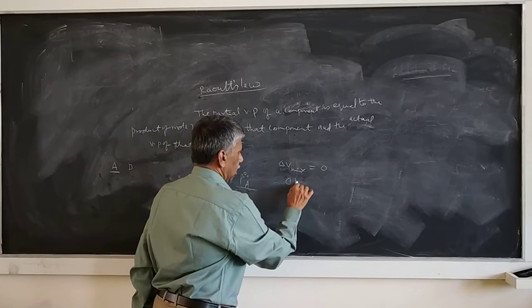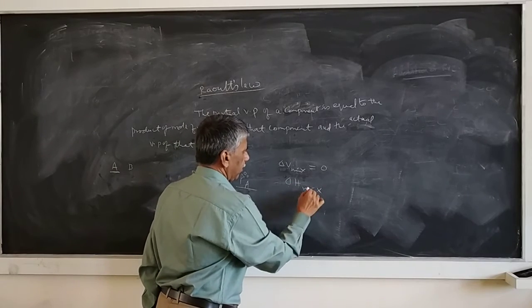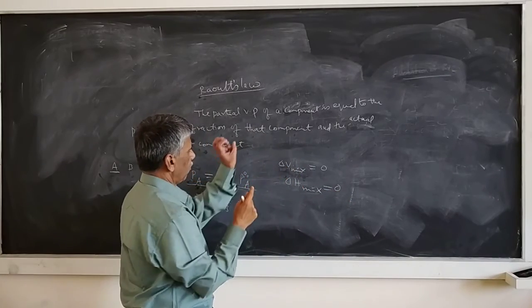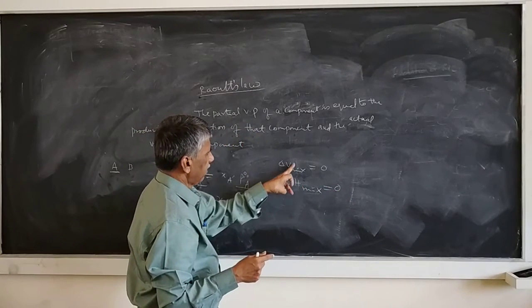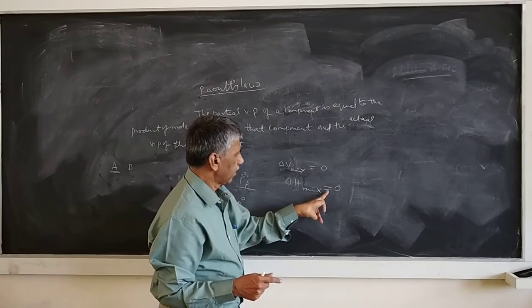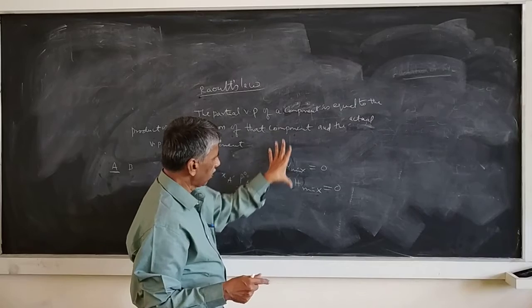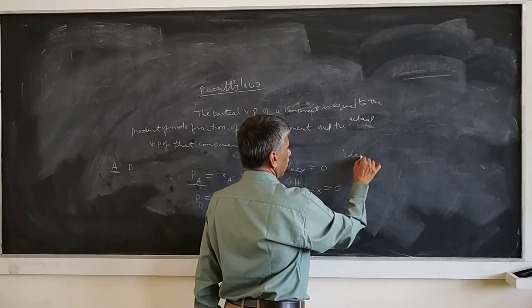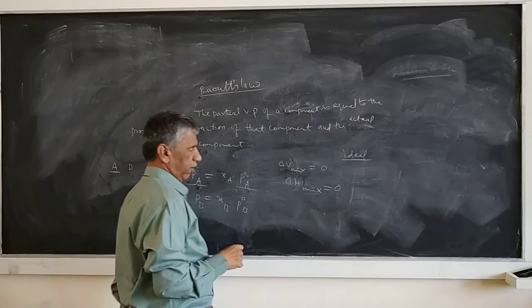Then the change in enthalpy after mixing should also be equal to 0. If a solution satisfies these three conditions, then that solution is called an ideal solution.